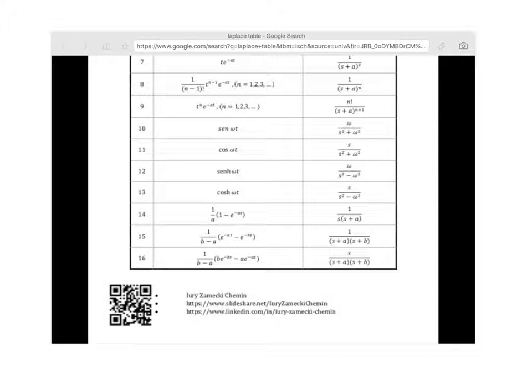So often if you have sine of 3t, let's scroll up. If I look at my table, my table says sine of omega t converts to Laplace as omega over s squared plus omega squared. So I can immediately see that omega equals 3.